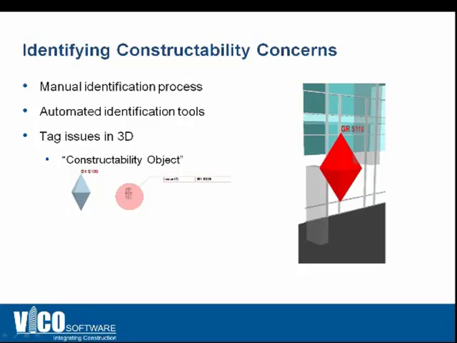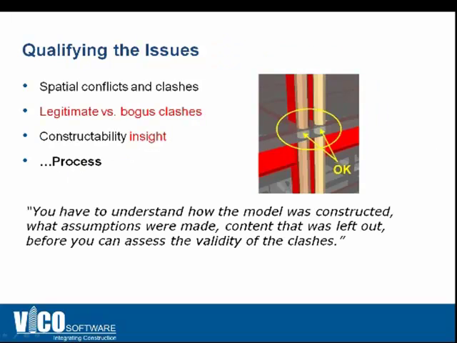So this is a special object that tells you that there is something to look at in this space. This can be manually associated with an area perhaps where there isn't a physical clash, but you do want to call attention to that space because you know there's an issue there regarding spatial problems, or you just want it there to highlight an existing clash. So we'll see those today.